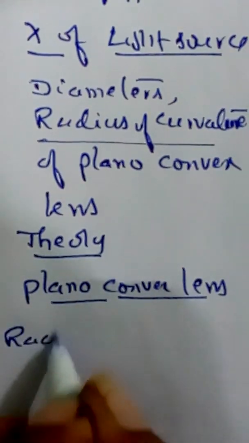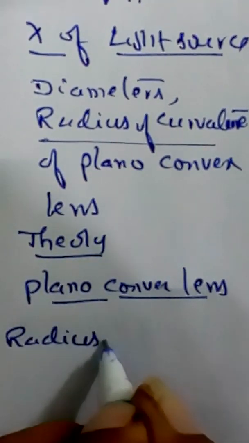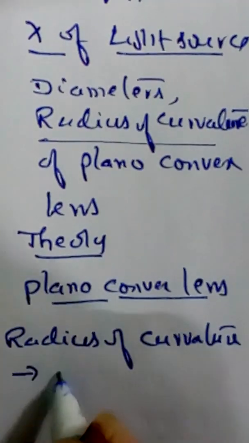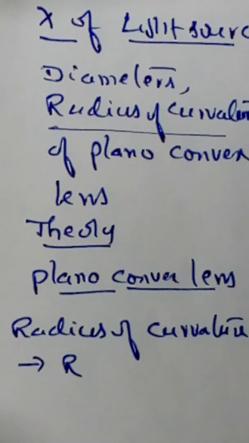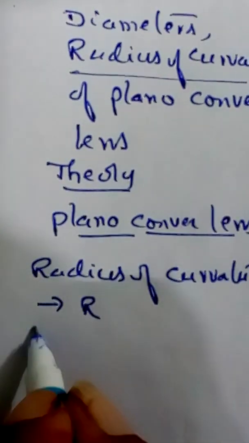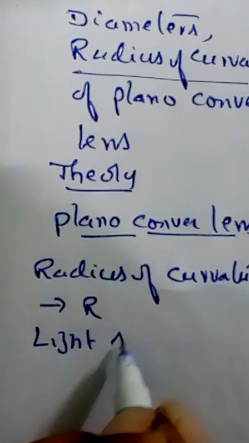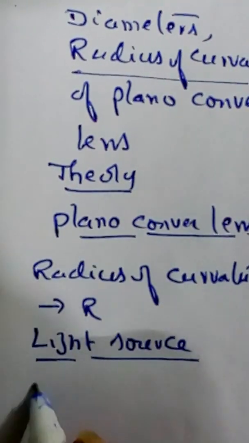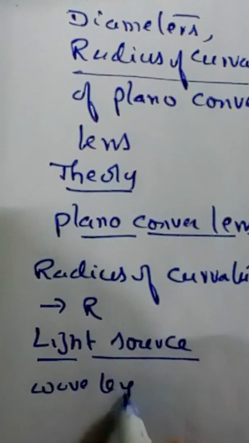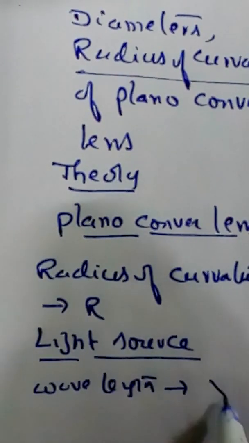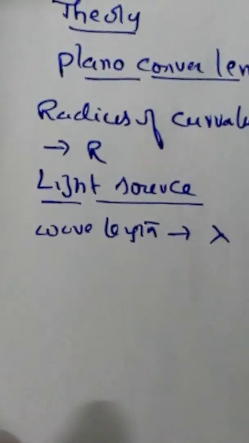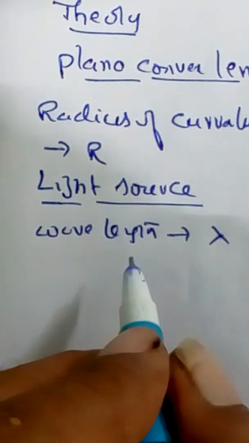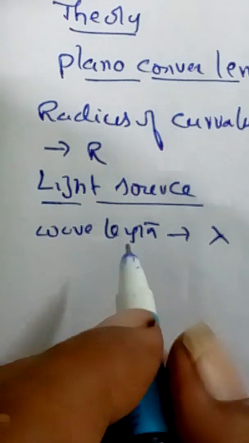For this plano-convex lens, the radius of curvature I am taking as R. Now the light source whose wavelength is to be measured, let it be some lambda. We have a number of rings being formed in Newton's rings formation.